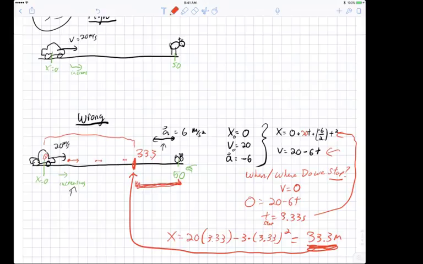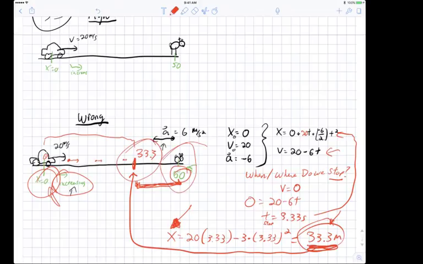So you'll note that in this question, they gave us information about distances, displacements, and in assigning a coordinate system, like we did, we were able to interpret this positional information in terms of displacement, how far you go. You had 50 meters to stop, you only stopped in 33.3.